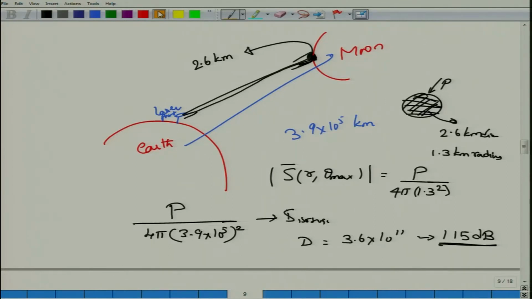Again, the idea is that you have an isotropic radiator which would have radiated the same power everywhere over this particular sphere, but my antenna is radiating only over a small cross section of this big sphere. That is why laser communication is very important for satellite and earth communications, because of the very high directivity that you can obtain.